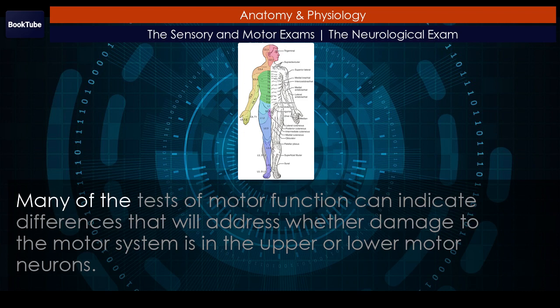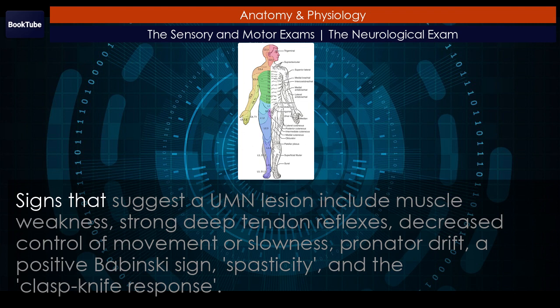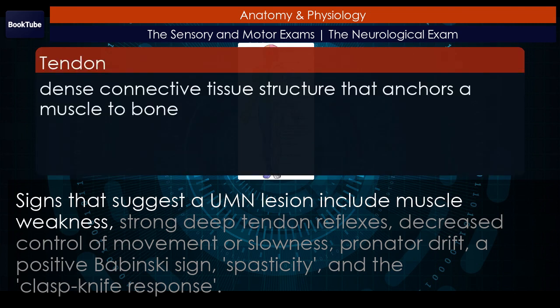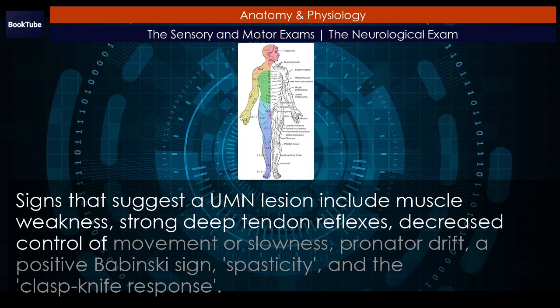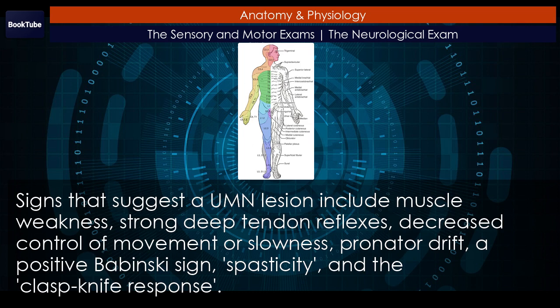Comparison of upper and lower motor neuron damage. Many of the tests of motor function can indicate differences that will address whether damage to the motor system is in the upper or lower motor neurons. Signs that suggest a UMN lesion include muscle weakness, strong deep tendon reflexes, decreased control of movement or slowness, pronator drift, a positive Babinski sign, spasticity, and the clasp knife response.